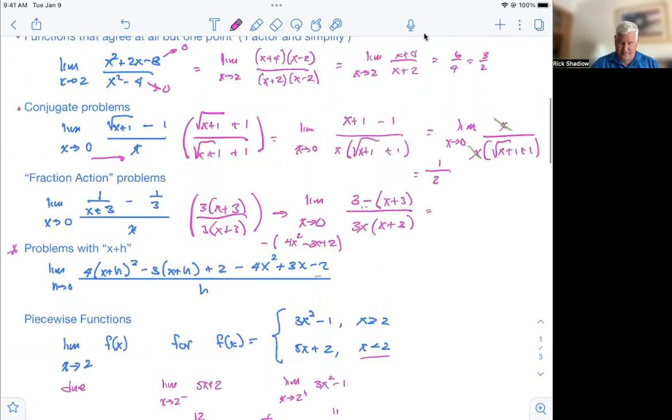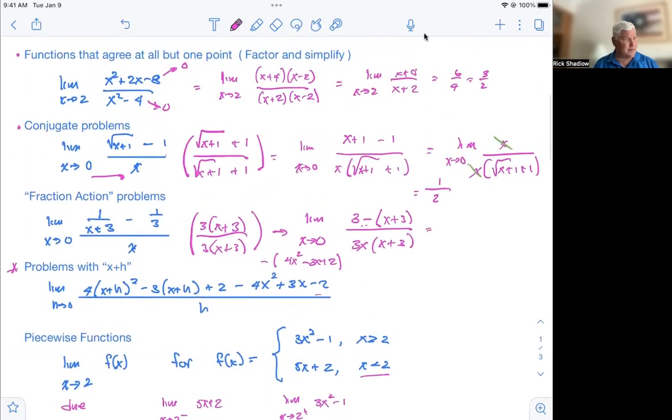So you can check these two problems out. This is example 9, I believe, in the notes. And then this problem here ends up being the scenario where the x's again will cancel.